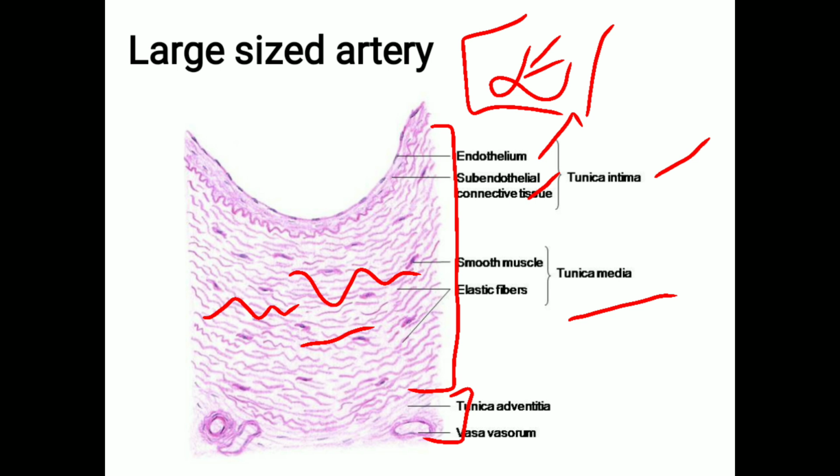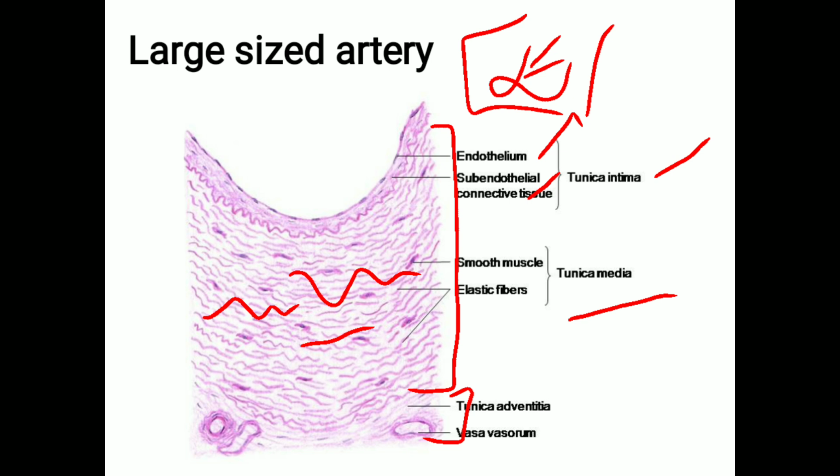More number of elastic fiber and less number of smooth muscle are seen in tunica media. So if you get to see a large size artery, remember the tunica media layer is very thick. It consists of more elastic fibers and less smooth muscle.